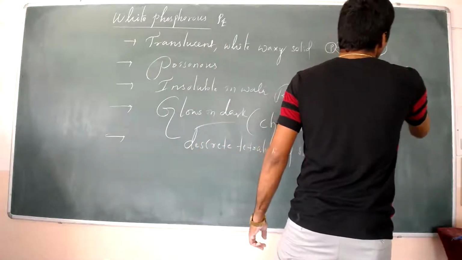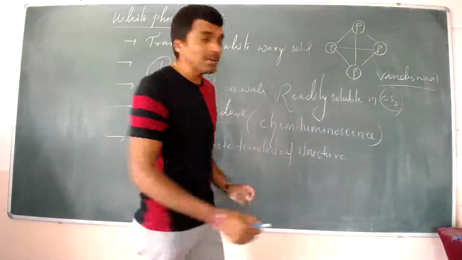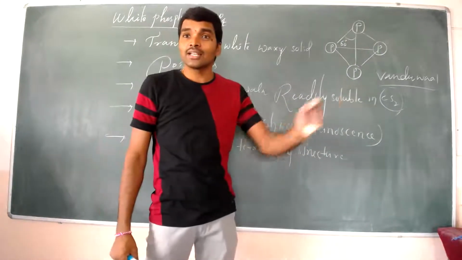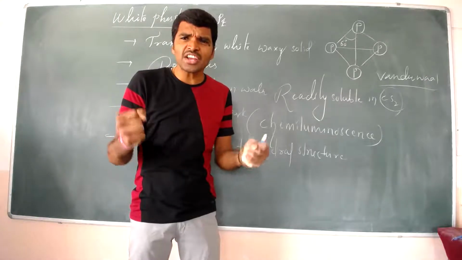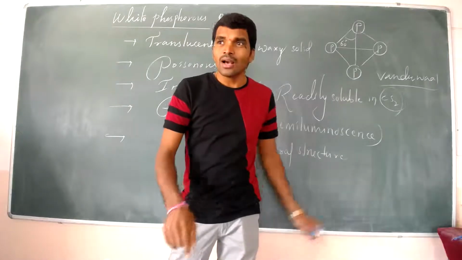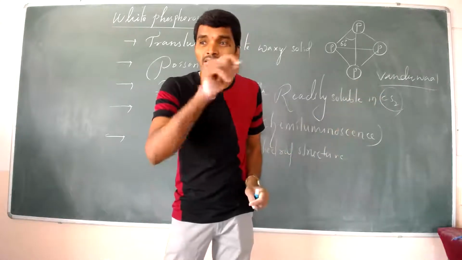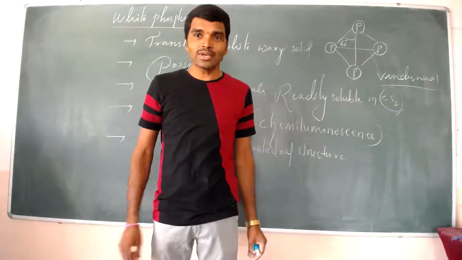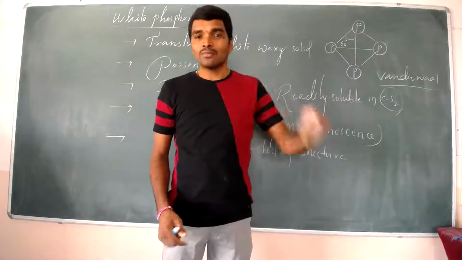And you remember, there is only a 60 degree angle between the phosphorus atoms, which is why it bears large steric strain. White phosphorus is highly reactive and less stable. So this is the information about white phosphorus.